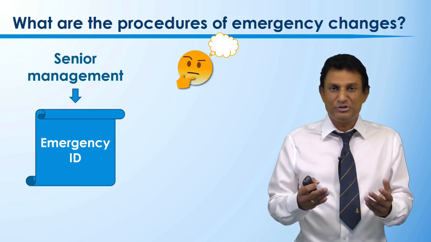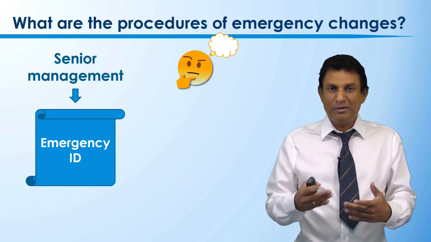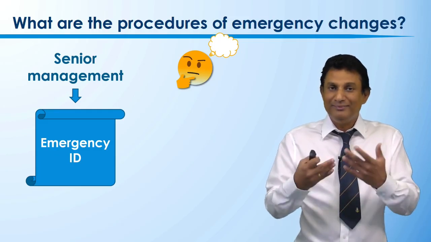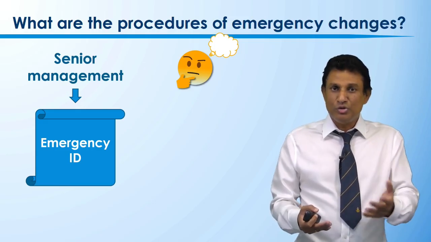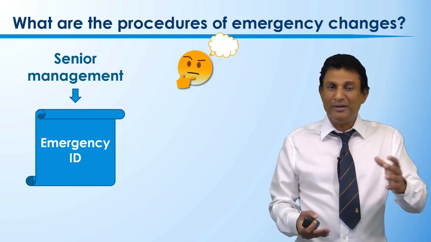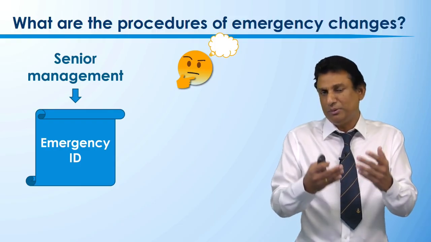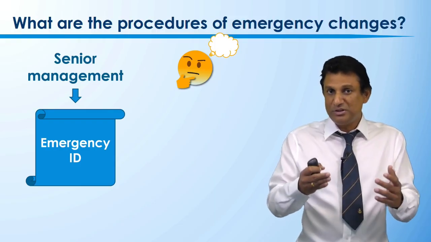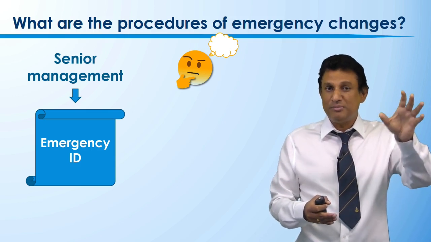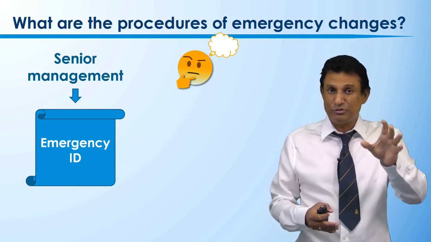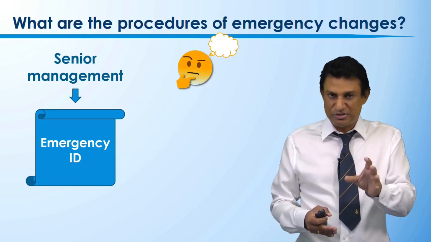So whenever the emergency happens, whoever first finds the issue, the programmer or the technical people, is going to contact someone. As I mentioned before, there should be a procedure that says which senior manager to contact in the event of an emergency.